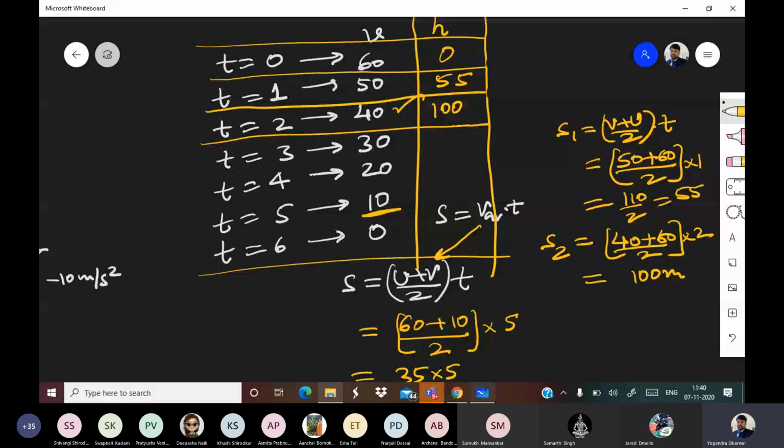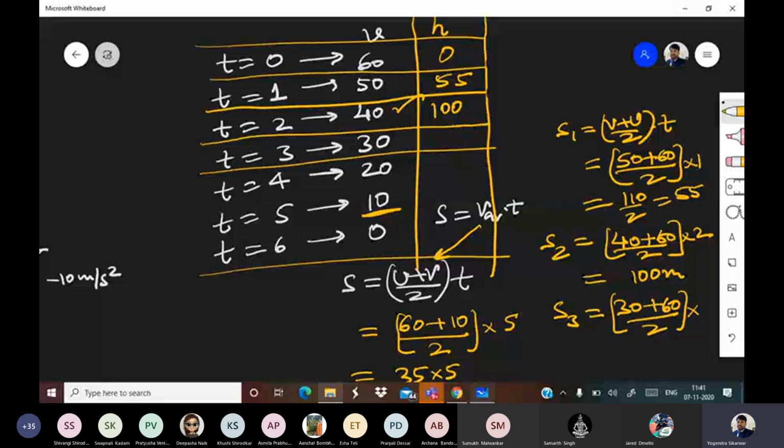So (v plus u) by 2. V is how much? 30. U is 60, upon 2, into 3. So 90 by 2 becomes 45, into 3. So that will be 135 meters.